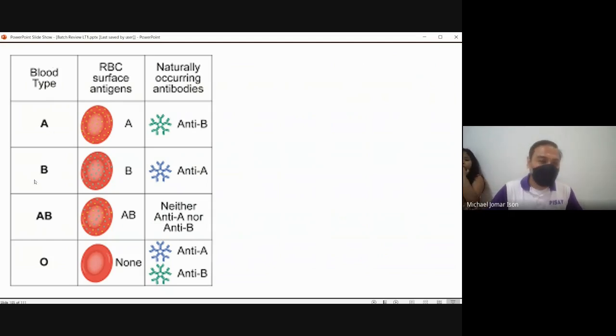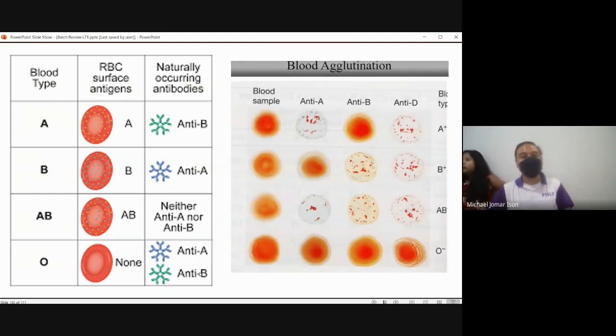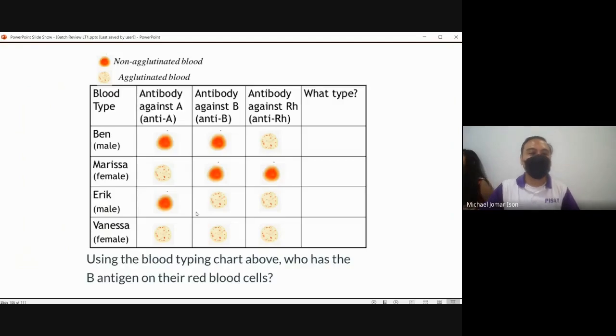Type B has anti-A. A type AB has neither anti-A nor anti-B, while a blood type O will have anti-A and anti-B. Okay, so that would be the idea here.